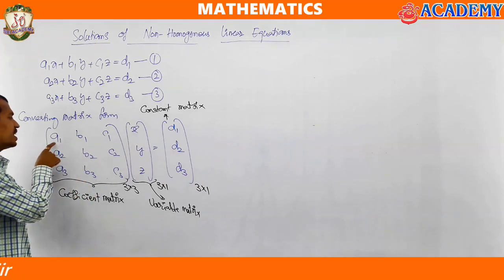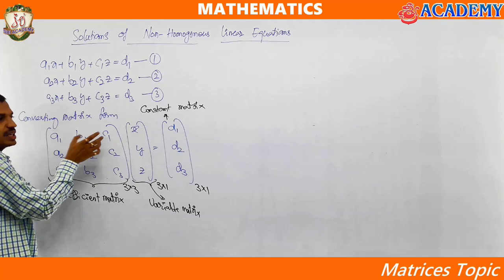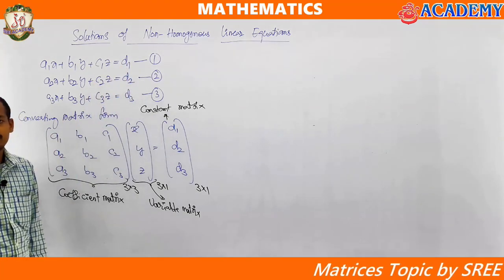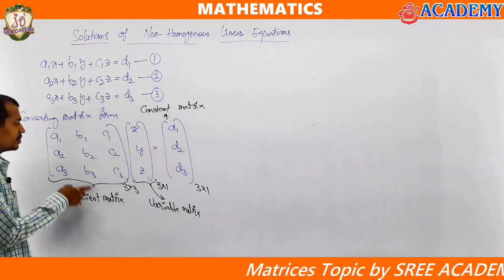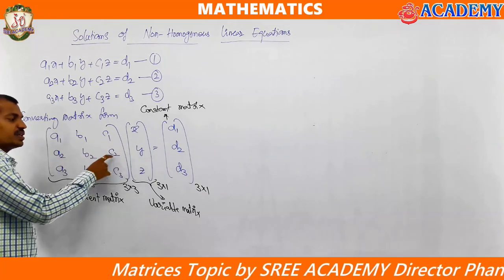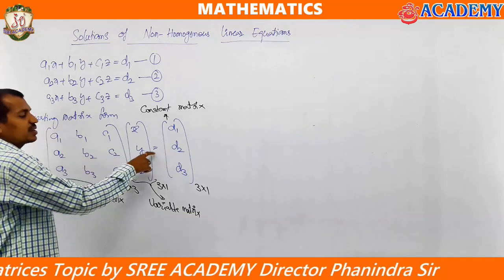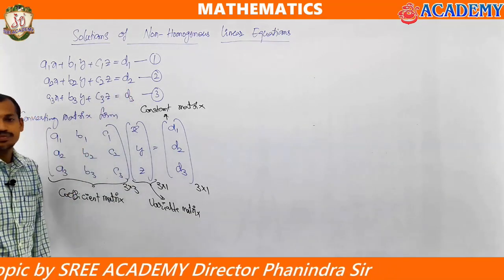If you want, you can check: a1x plus b1y plus c1z, the first element, equals d1. And in the resultant 3 by 1 matrix, a2x plus b2y plus c2z, the second row first column element, equals the second row first column element d2.